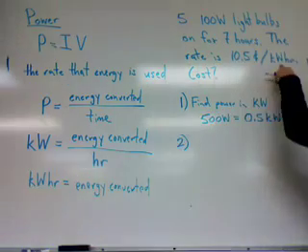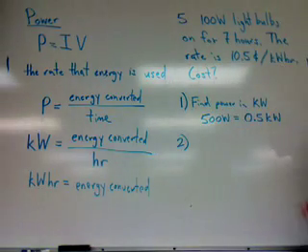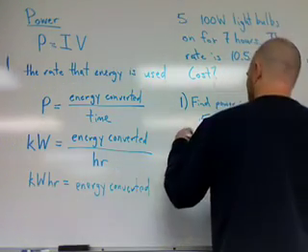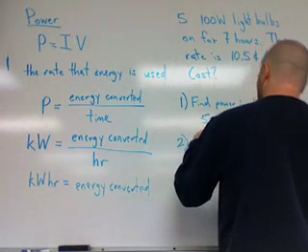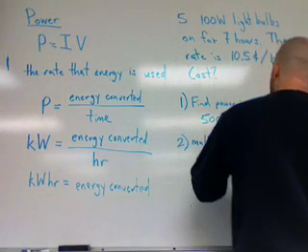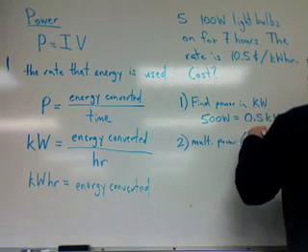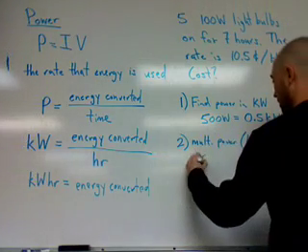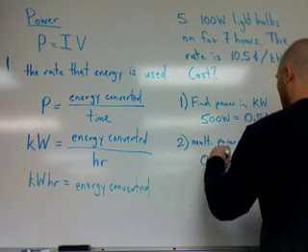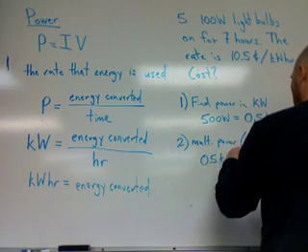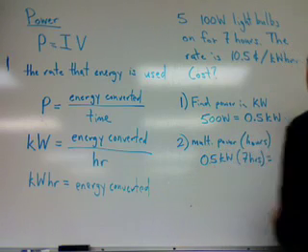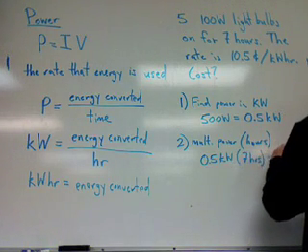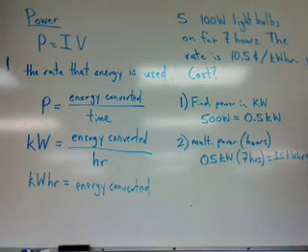But I need to find kilowatt hours, not just kilowatts. So your next step is to multiply your power by the number of hours, because then I end up with kilowatt hours. So I get 0.5 kilowatts times 7 hours, which is 3.5 kilowatt hours.